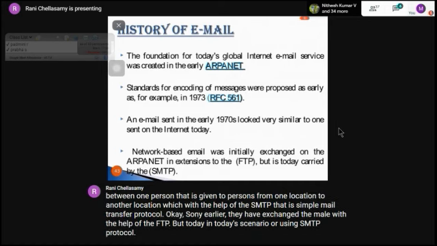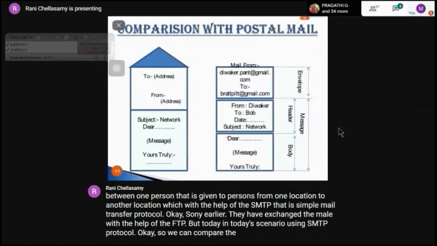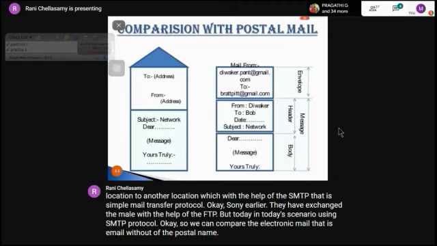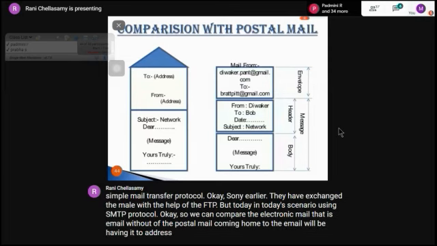Okay, so we can compare electronic mail, that is email, with postal mail. In postal mail you have a to address, a from address, and the subject and body of the message.